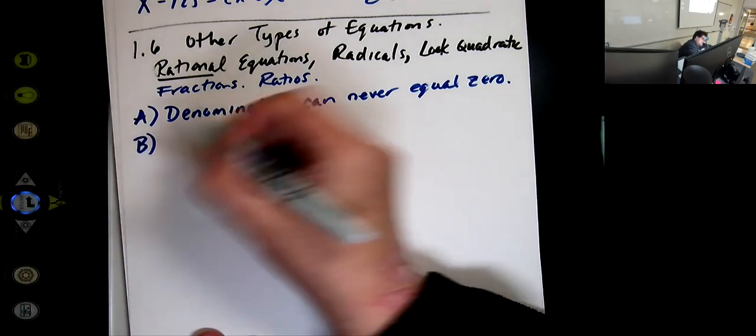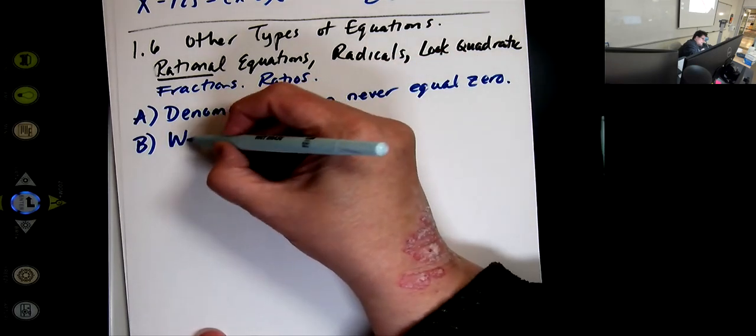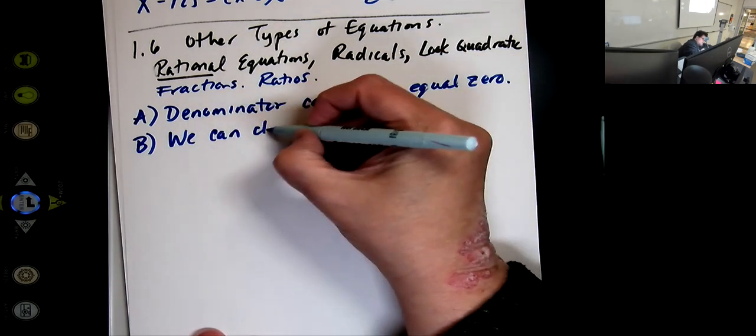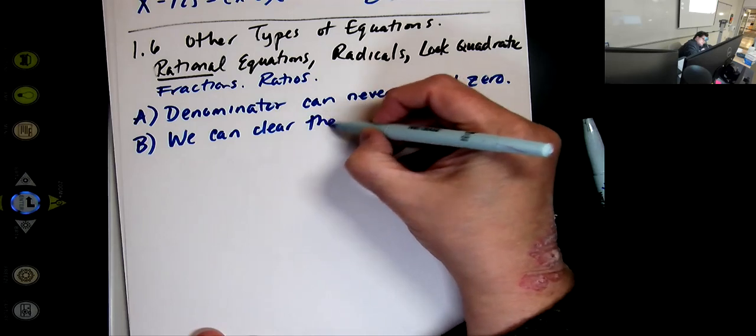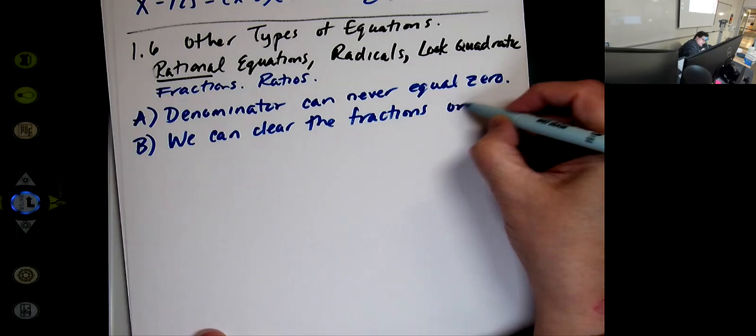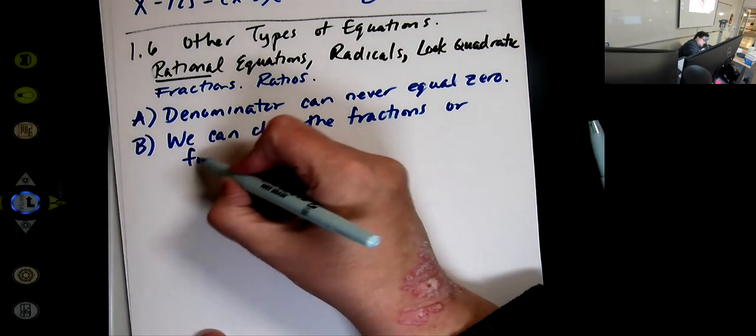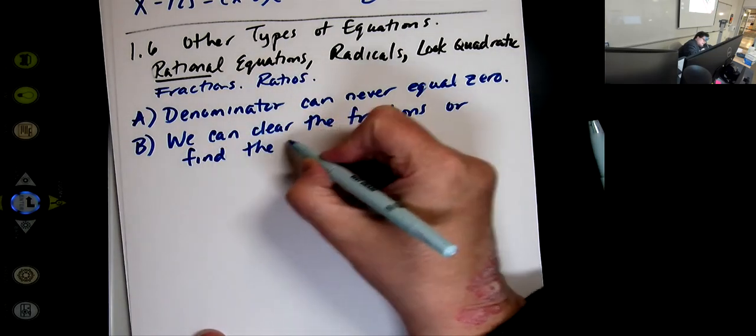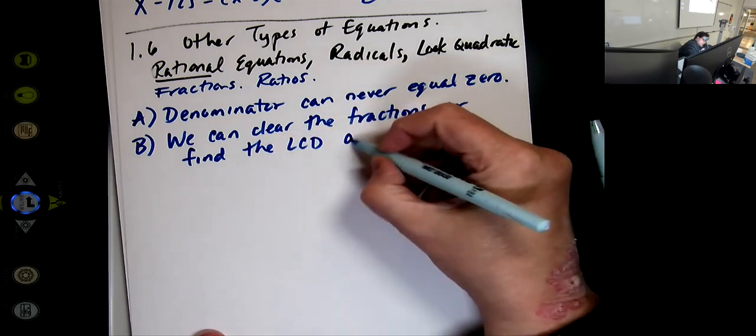B, we can clear the fractions, or find a common denominator. Find the LCD and make one fraction.